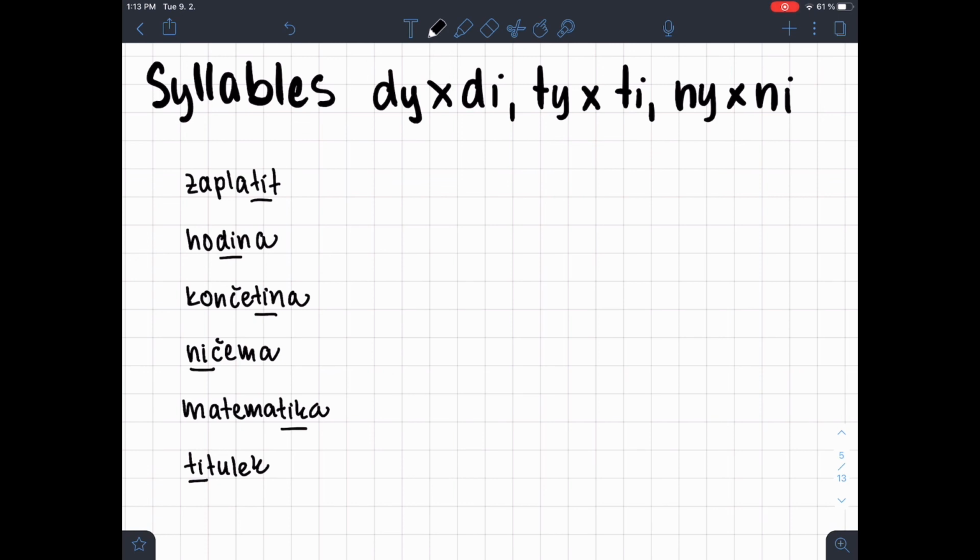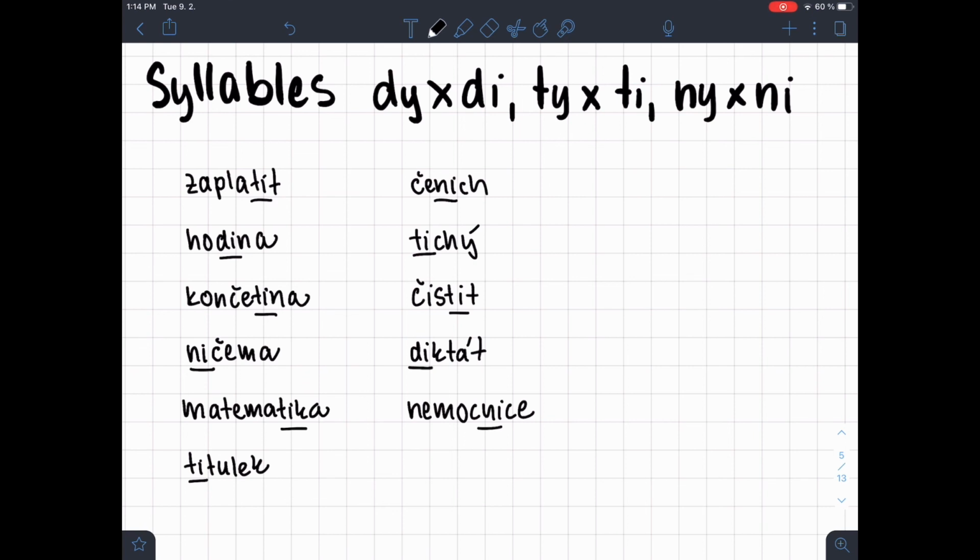Titulek. Čenich. Tichý. Čistit. Diktát. Nemocnice.